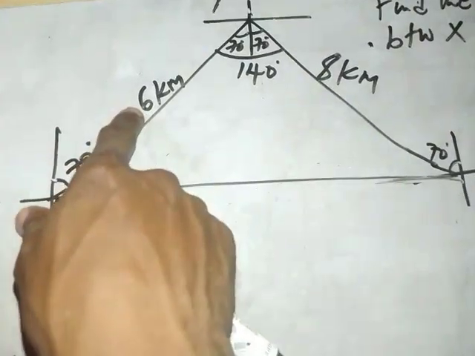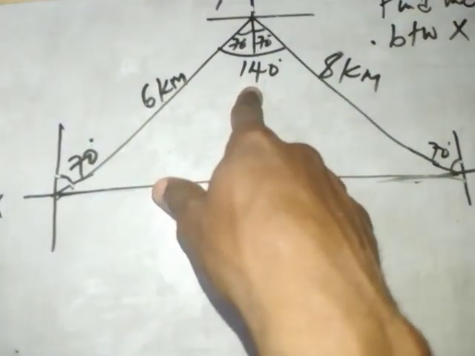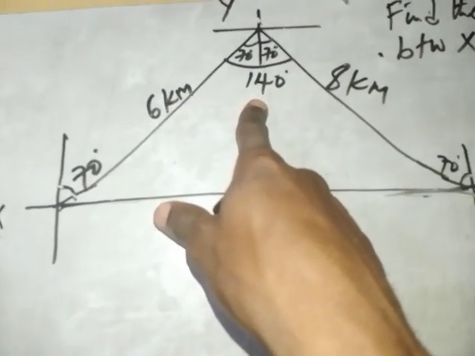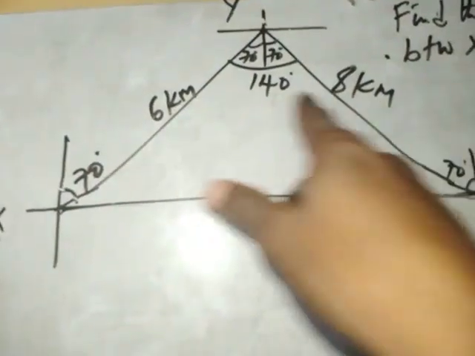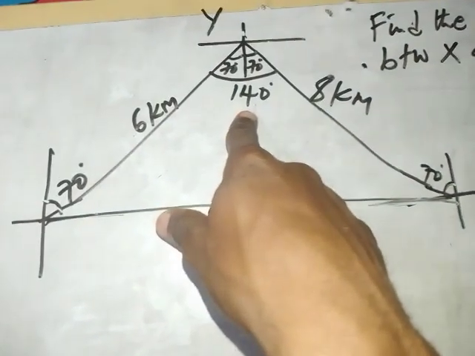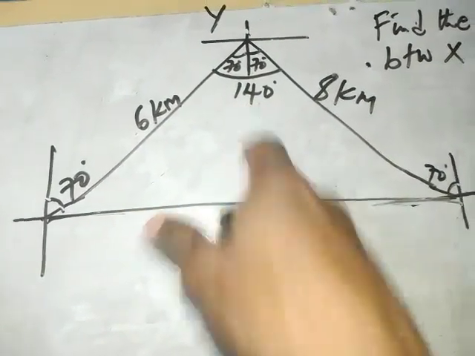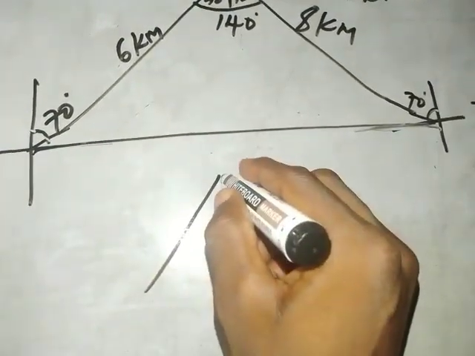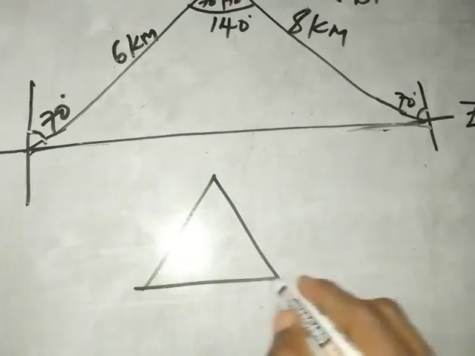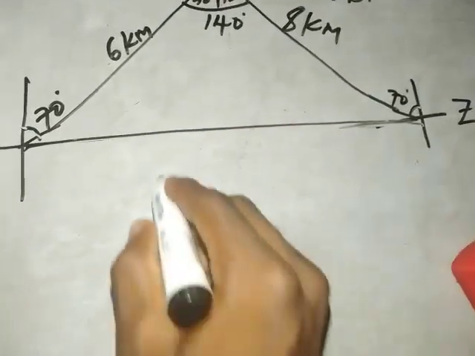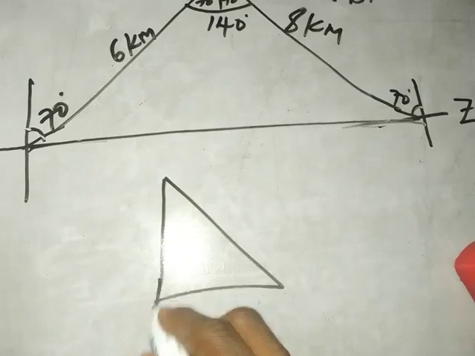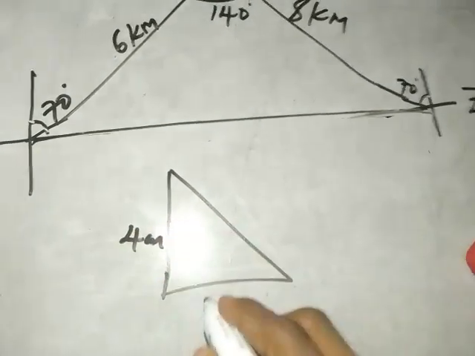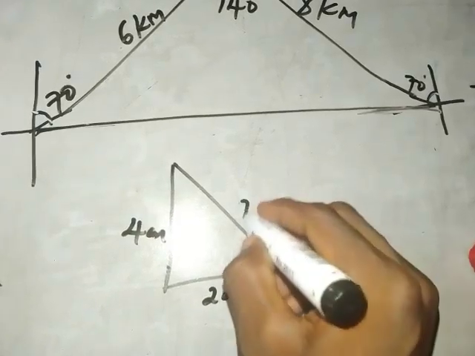And let me tell you something. When you are given two sides with one angle, you are going to use a rule called cosine rule. I repeat myself. If you are given two sides and one angle, you are going to use what we call cosine rule. But if you are given a right angle triangle like this, let me call this 4 cm, 2 cm, and I ask to find this other side.